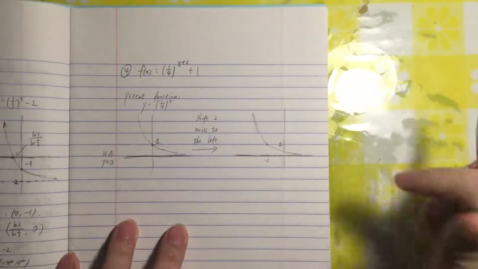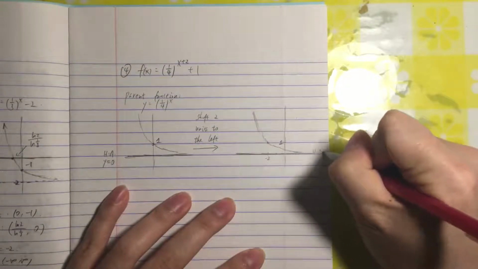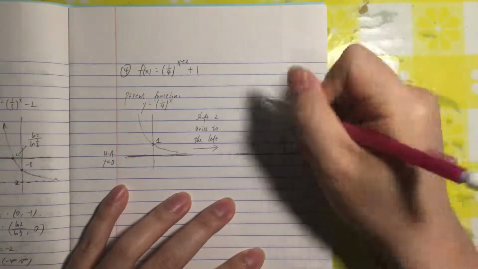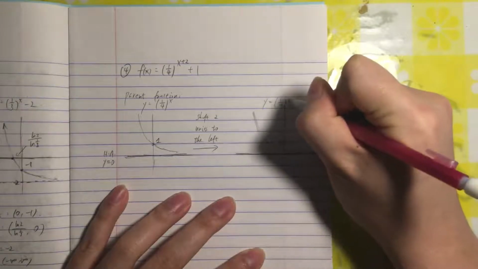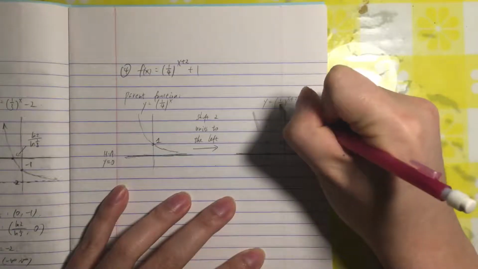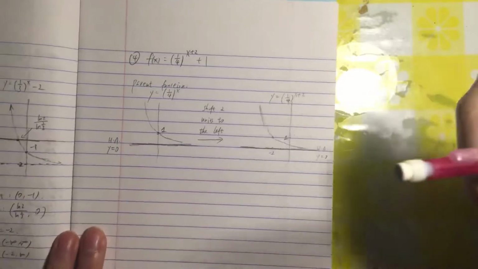So the horizontal asymptote is still y equal to 0. That's the graph of the function 1 over 4 to the power of x plus 2. When we add 2 to x, we shift the graph 2 units to the left.